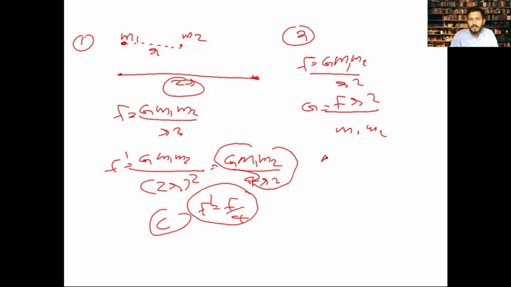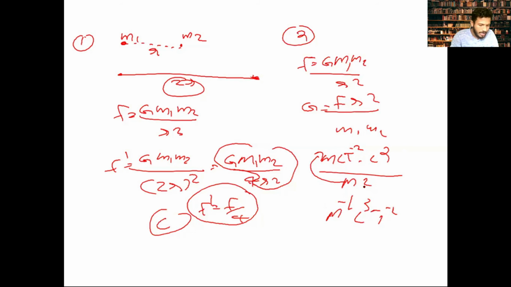So F r square means M L T raised to minus 2, times L square, divided by m1 m2, which is M square. Then M raised to minus 1, L cube, T raised to minus 2. Answer is M raised to minus 1, L cube, T raised to minus 2. Answer is again option C.